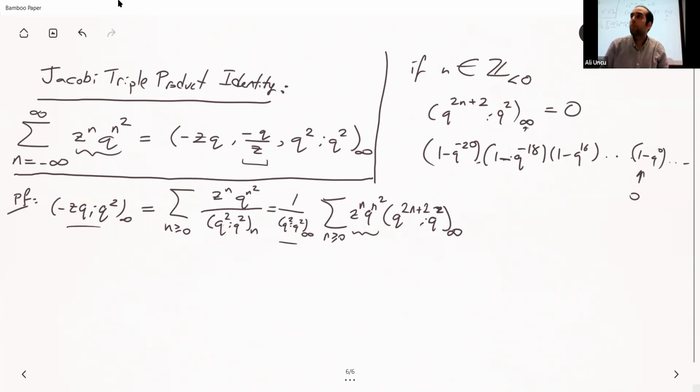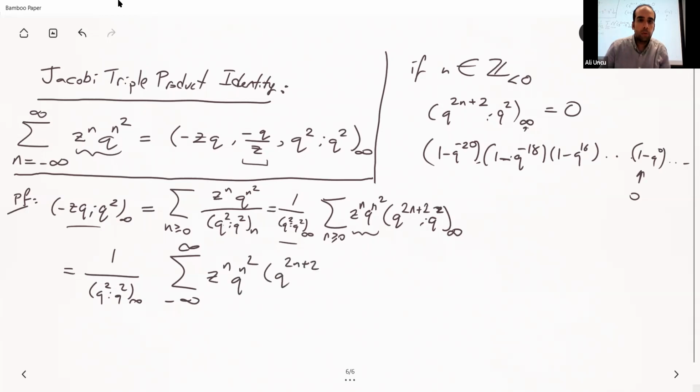So instead of going from 0 to infinity, I might as well just write the sum as is, without changing anything, but say that this sum is all the way from negative infinity to infinity. Cool, right? z^n q^(n^2) and (q^(2n+2); q^2)_infinity.